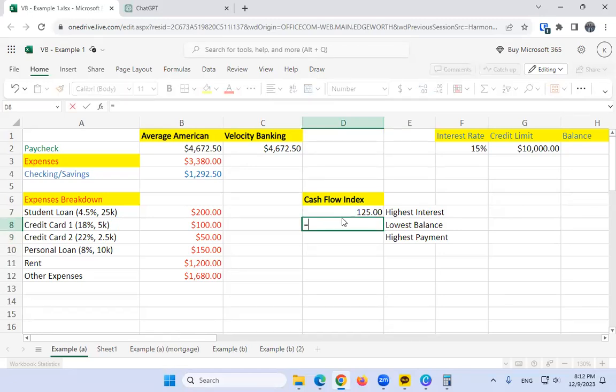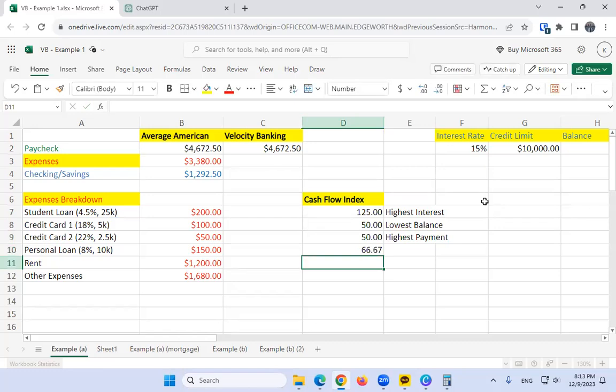And then this one is 5,000 divided by 100, then 2,500 divided by 50, and then 10,000 divided by 150.